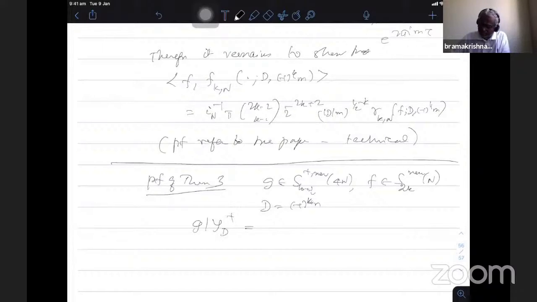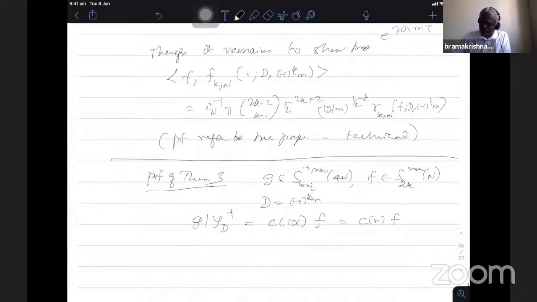The mapping gives you the first coefficient as the d-th coefficient of g. Therefore, this is c of mod d into n. So mod d here is n, so you can write this is equal to c of n. Both are the same. So therefore, we know the multiplicity 1 for both.